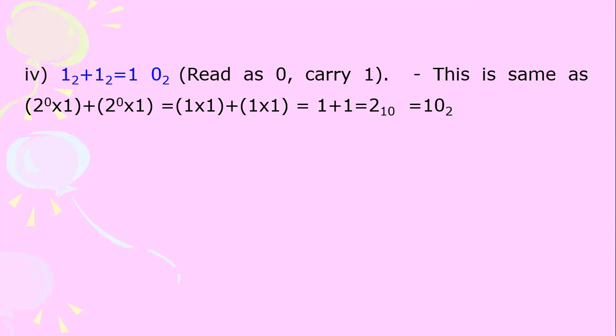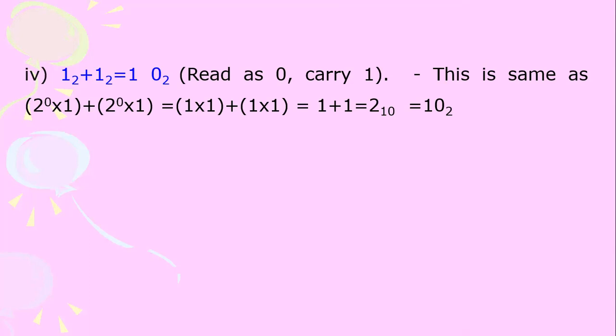So if you convert 2 to its binary equivalent, that means you divide 2 by 2. The first division will give us 1, remainder 0. So you note down the 0. And then you divide 1 by 2, which will still give us 1.